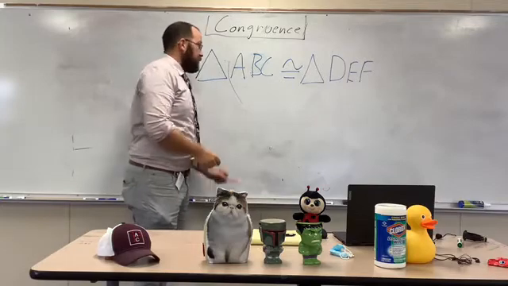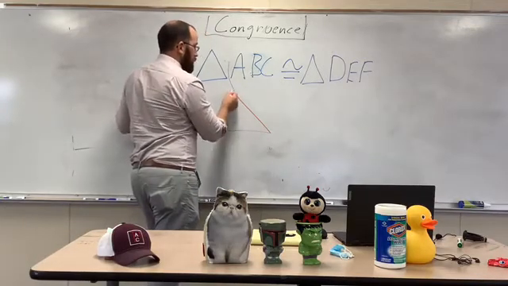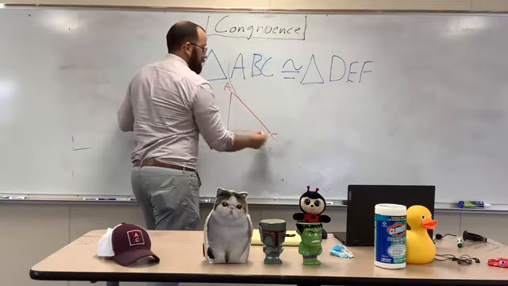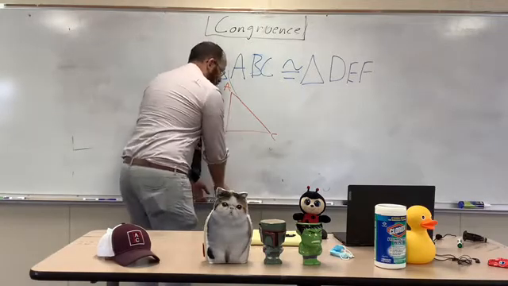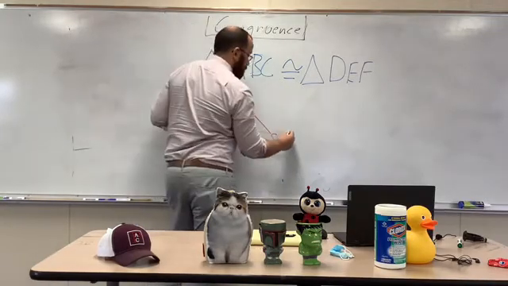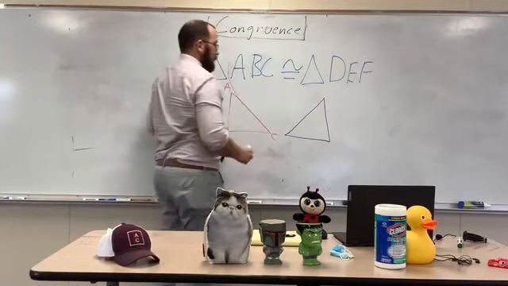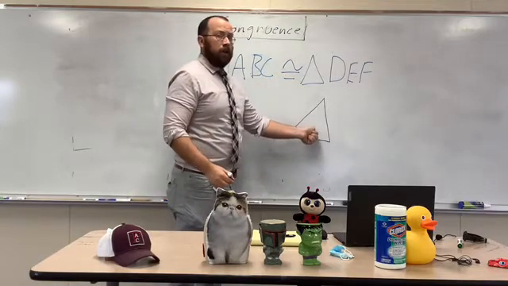What that means is if I have a triangle, and I say that's A, that's B, and that's C, and I have another triangle over here, I say this triangle ABC is congruent with this triangle over here.